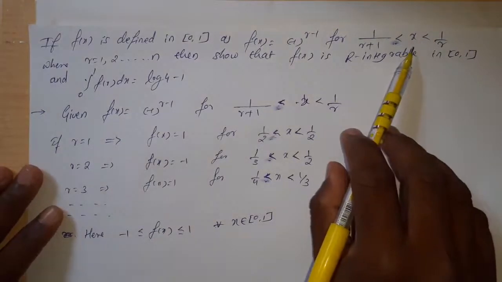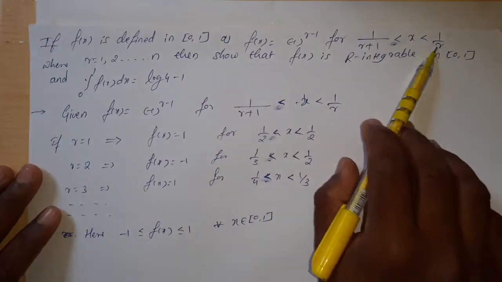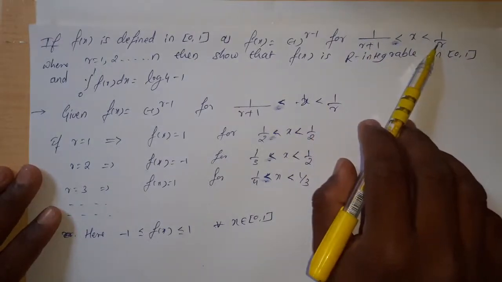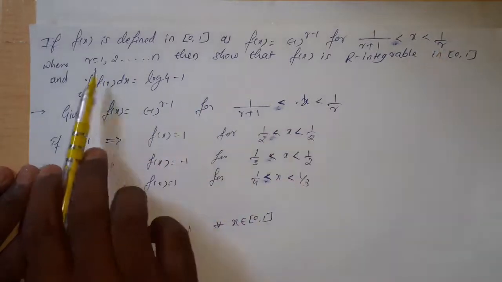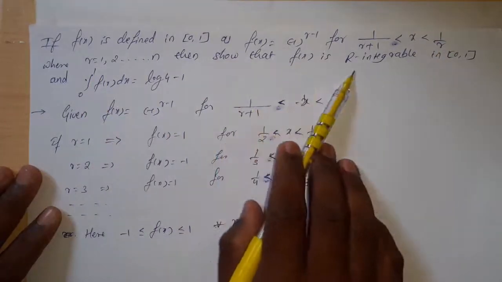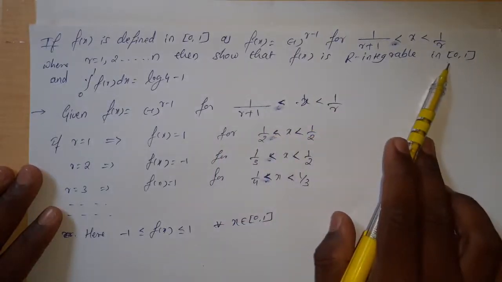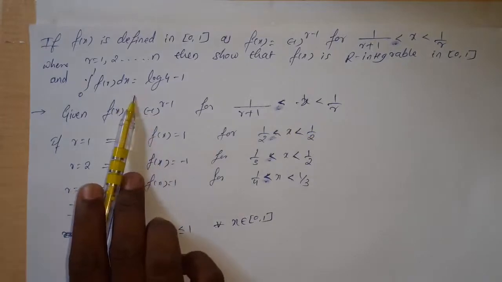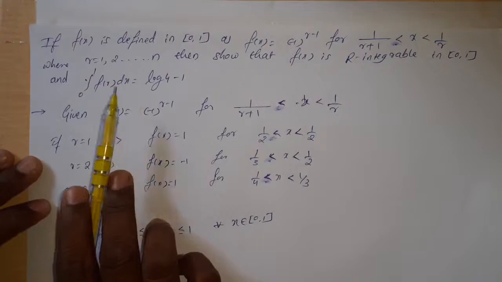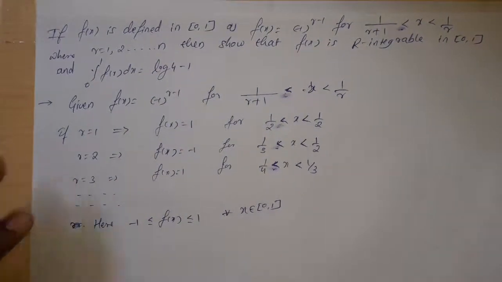So here the values of x lie between 1 by r plus 1 and 1 by r, and the values of r vary from 1 to n. So it is given, and we need to prove that f of x is Riemann integrable in the closed interval 0 1, and also the value of that Riemann integral is equal to log 4 minus 1. Now let us solve this one.